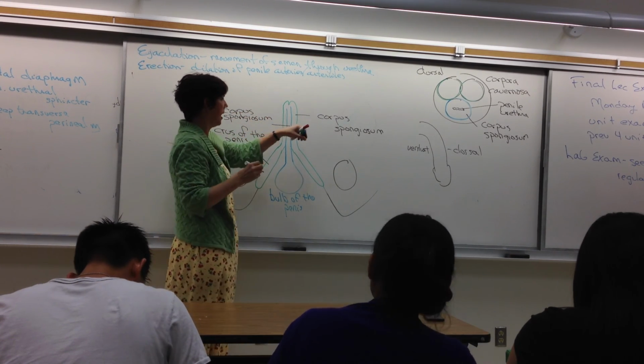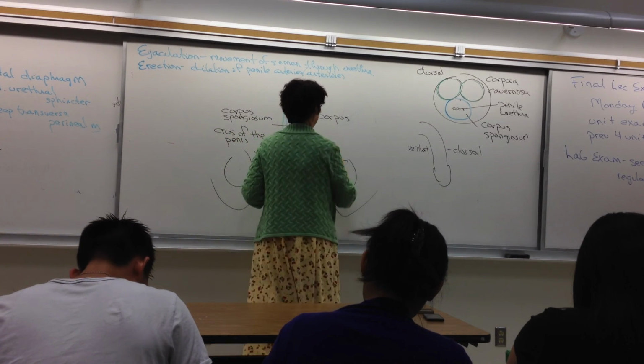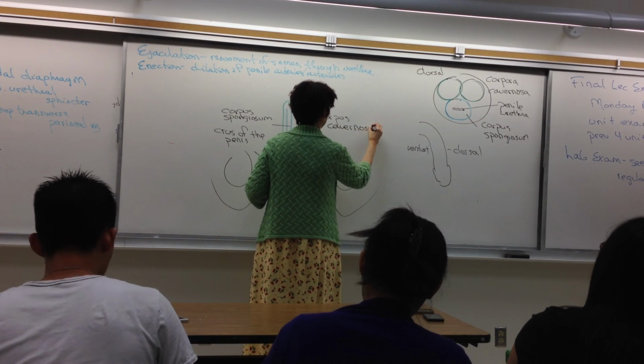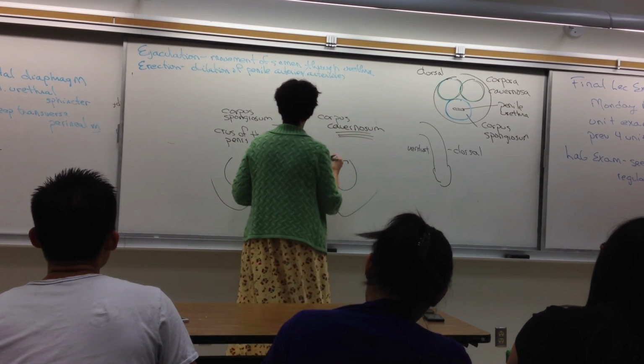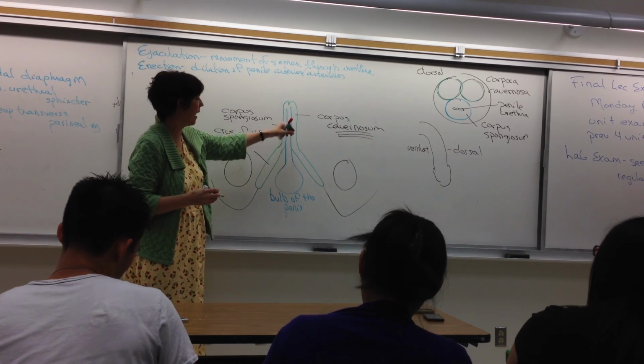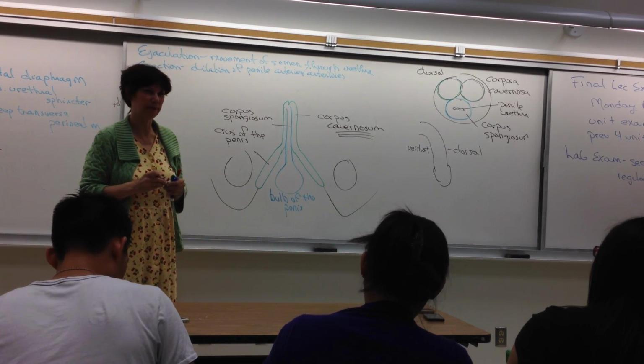So the crus becomes the corpora cavernosa, and the bulb becomes the corpus spongiosum. The urethra is found within the corpus spongiosum.